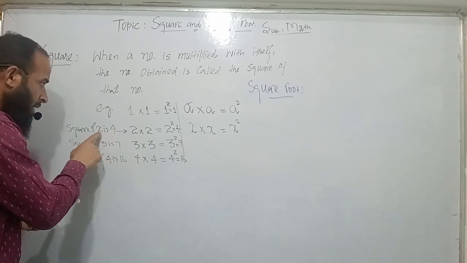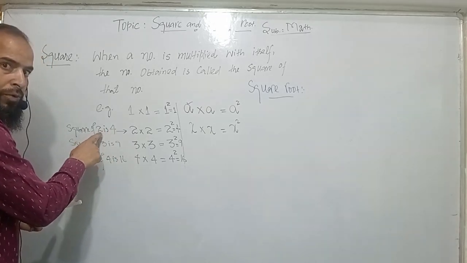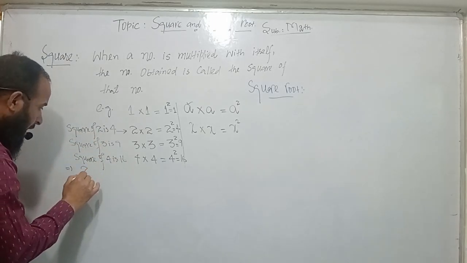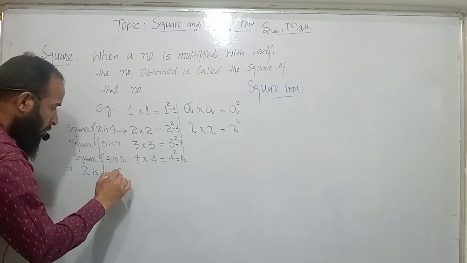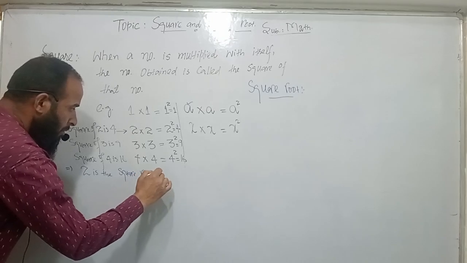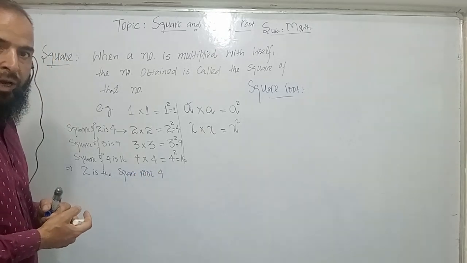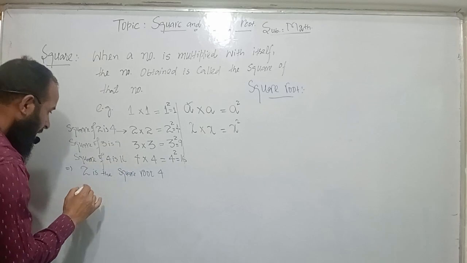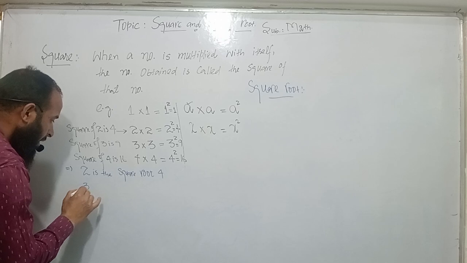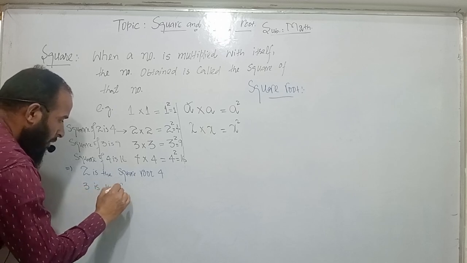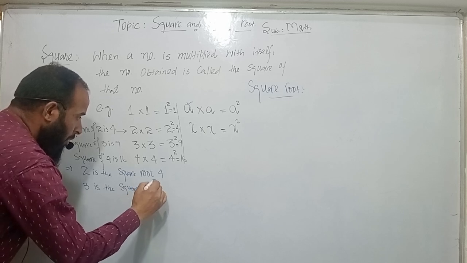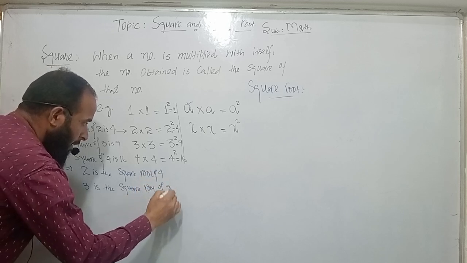So 4 is the square of 2, which implies 2 is the square root of 4. 2 is the square root of 4 and 9 का square root क्या है? 3 is the square root of 9.